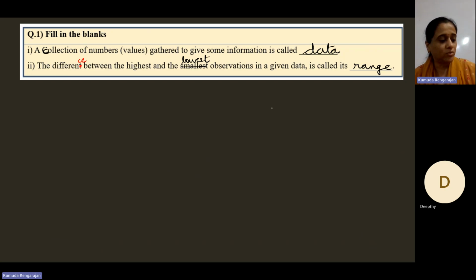A collection of numbers or values gathered to give some information is called data in statistics. The difference between the highest and the lowest observations in a given data is called the range. All right.